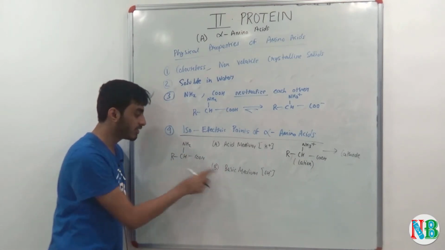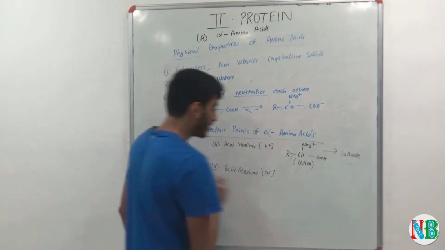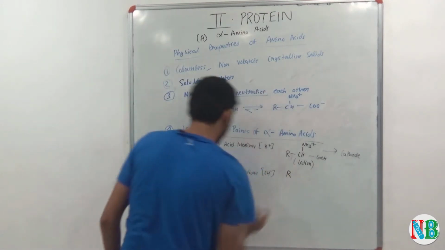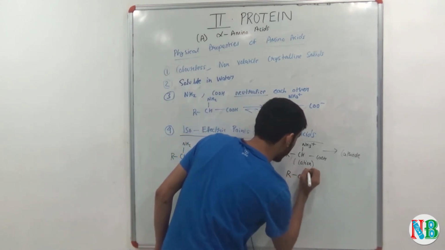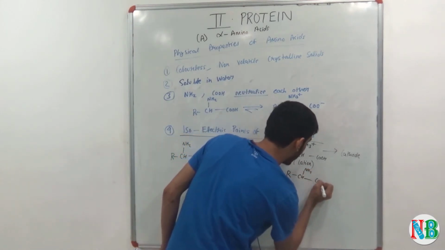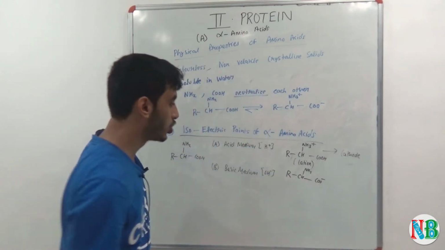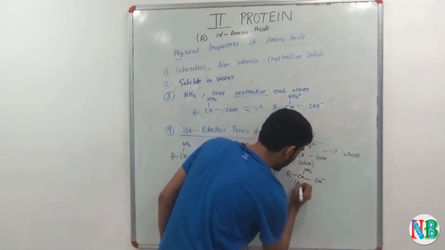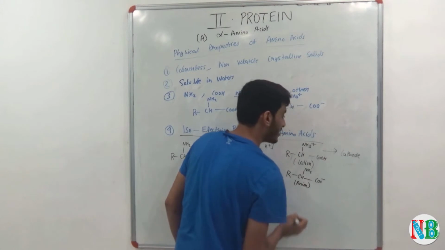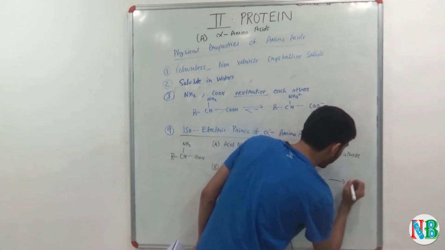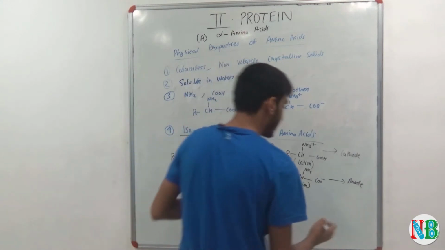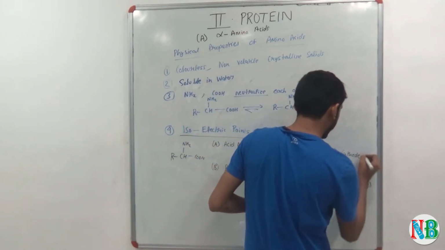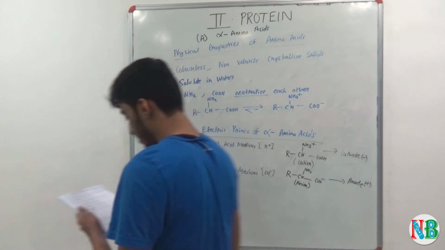It will react with an acid group, and it will form RCHNH2COO minus. Now this group is an anion, it has a negative charge, and if you apply some electric field, it will go towards the anode electrode. Anode is the positive electrode, cathode is the negative electrode. Opposite charges attract each other.